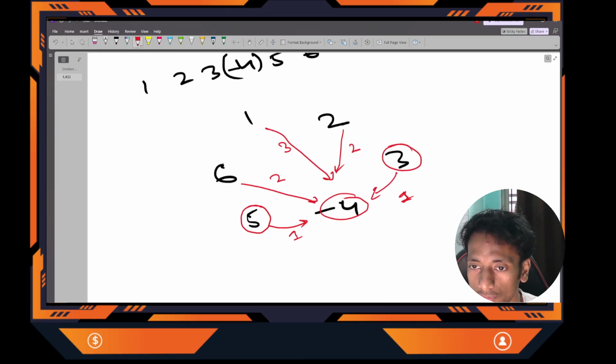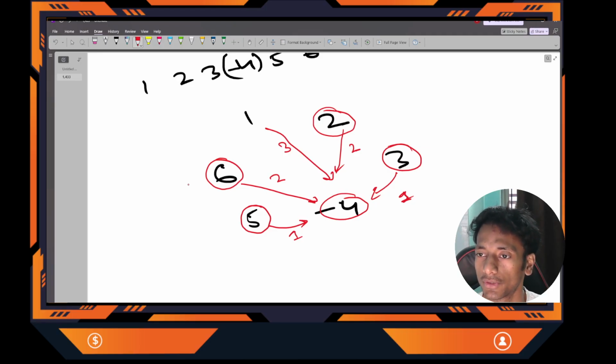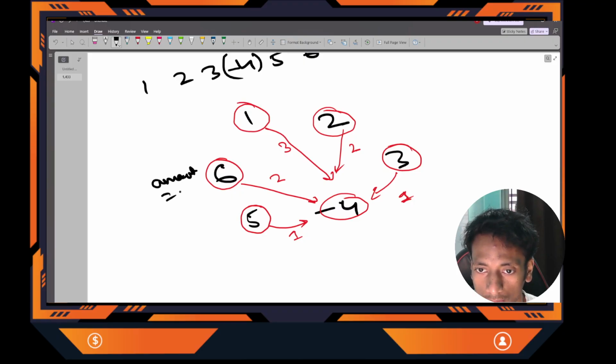Then you should try to consume as much as possible from these two. Okay, then if it's still not able to achieve our target balance, then try to take from this, clear. Then it will take the minimum number of moves. Suppose I want to transfer 5 from this person to this person, 6 to this minus 4.